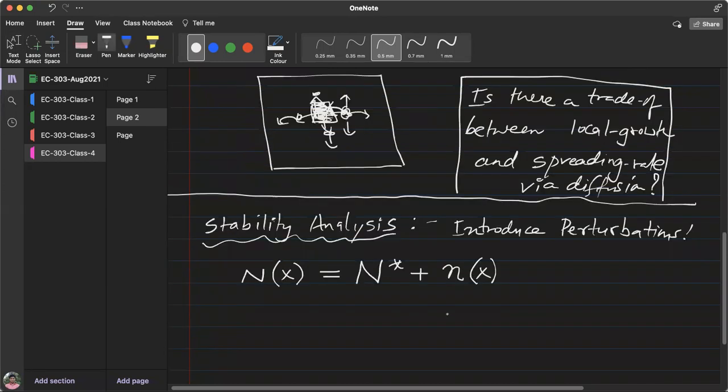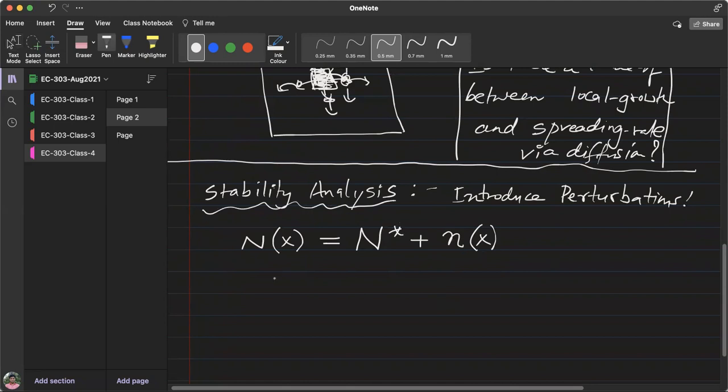So we have to consider perturbation in a more general way now, and we need to see what happens to this. Does this grow or decay? If this decays, we say n star is a stable equilibrium.